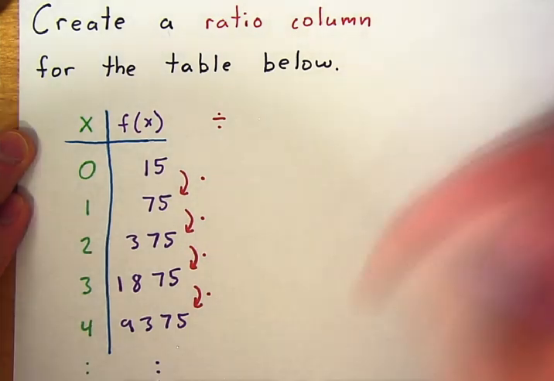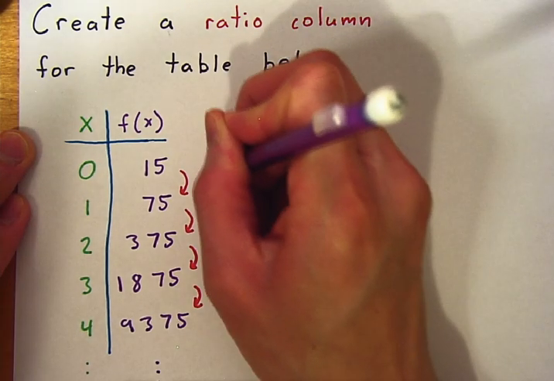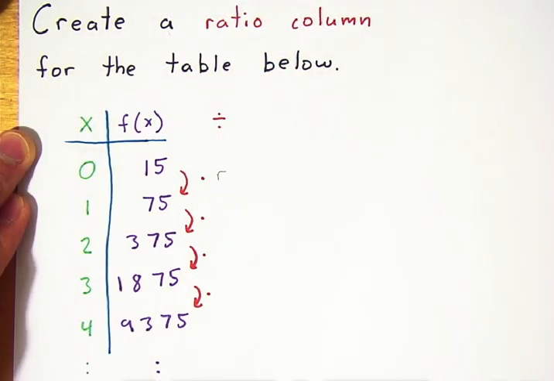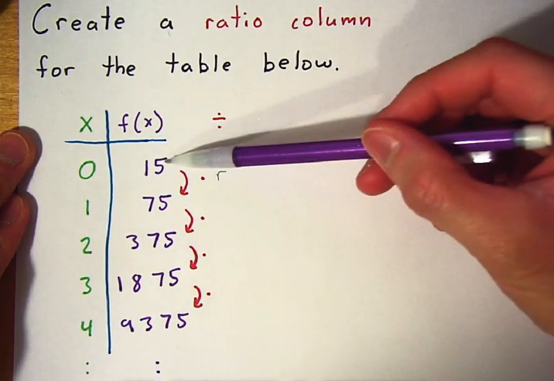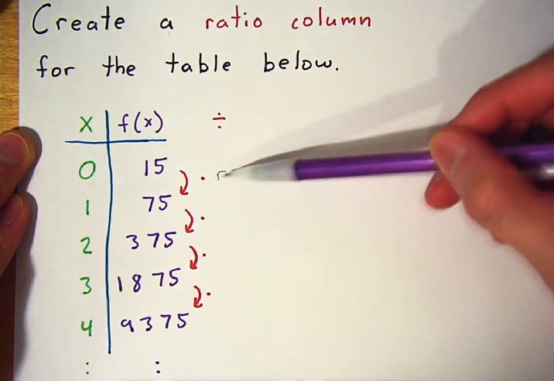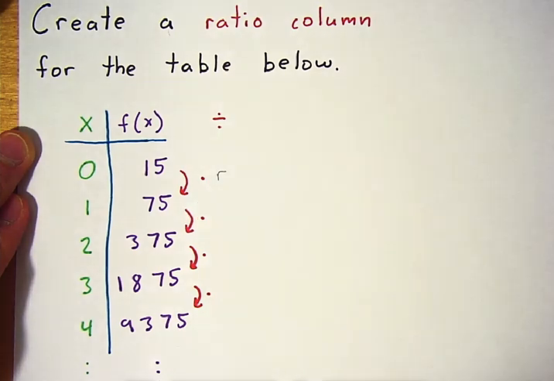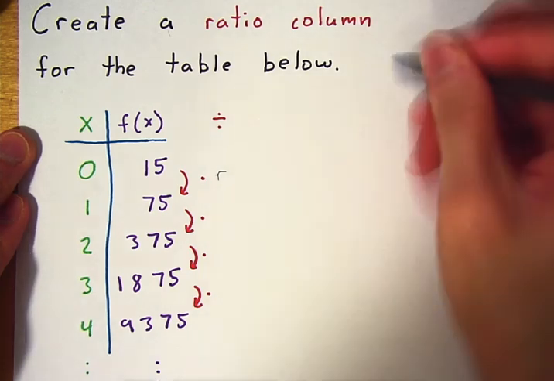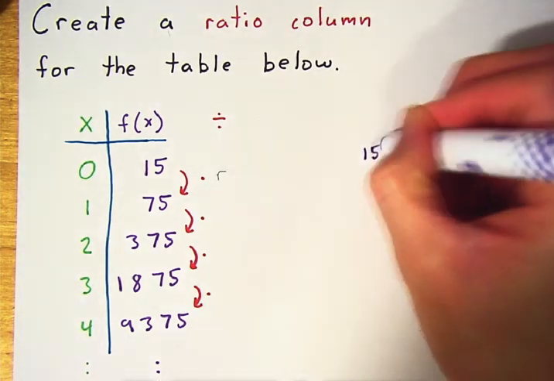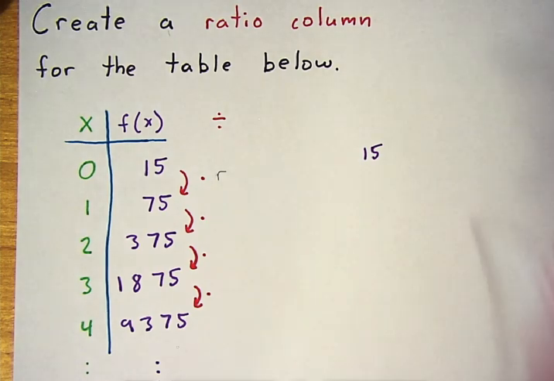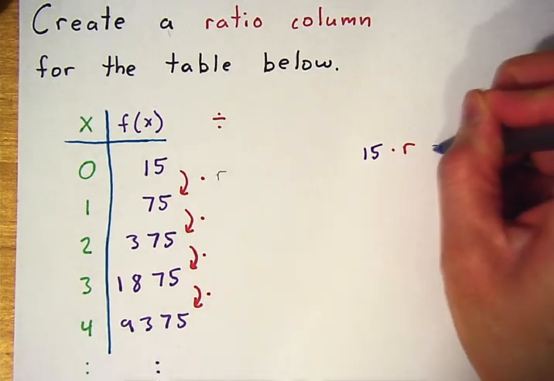How would you find out what our ratio is? Well, let me put a value r here, just as a variable. And I know that 15 times r will get me 75. So let me write an equation for that. 15 multiplied times r is going to equal my 75.